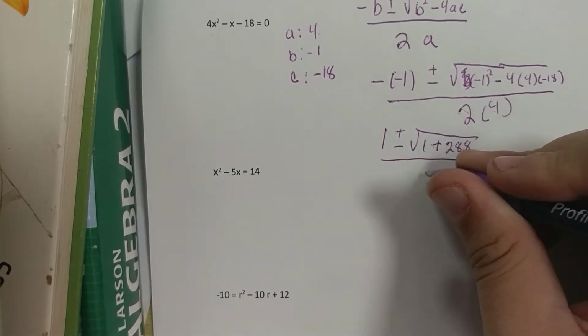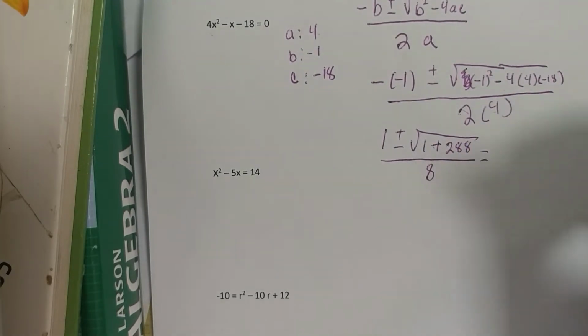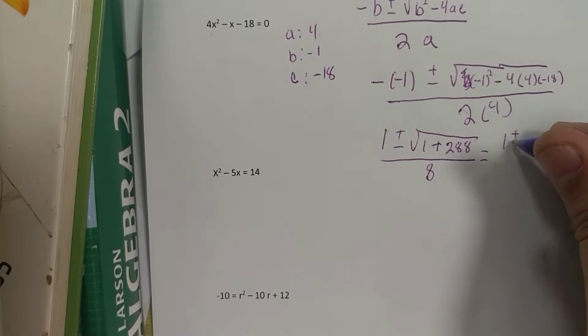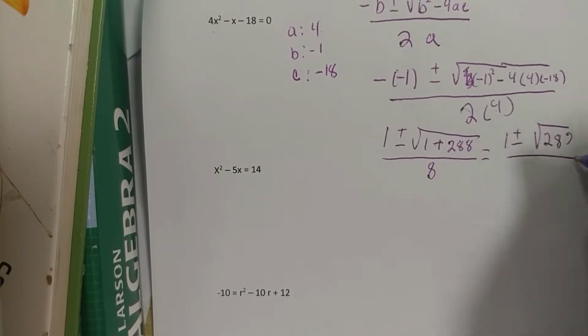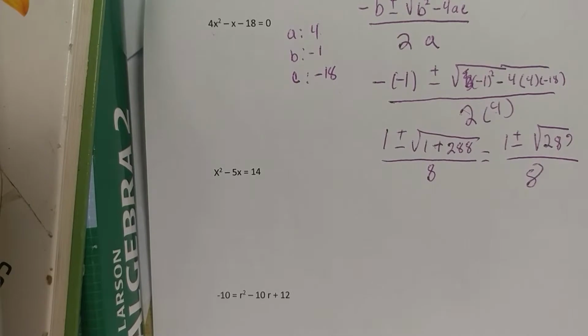All over 4 times 2, which is 8. 1 plus or minus the square root of 289 over 8. Yeah, 289.